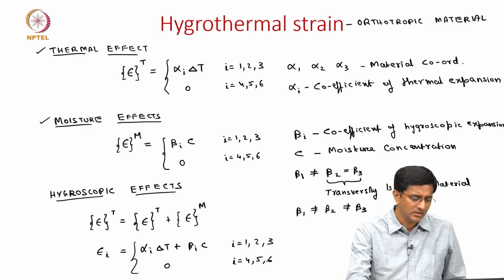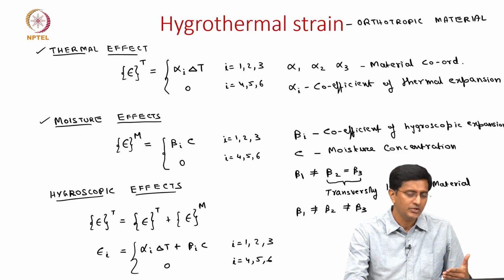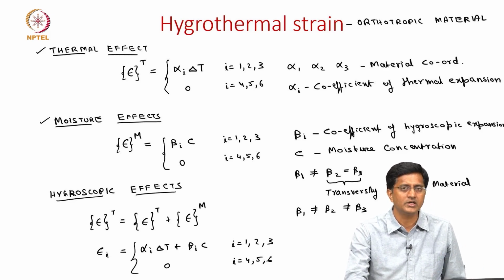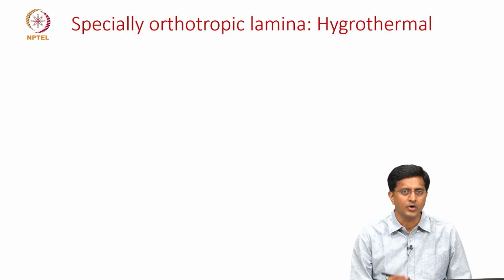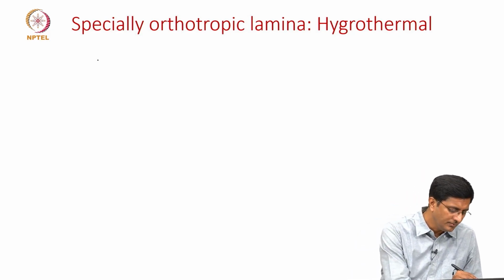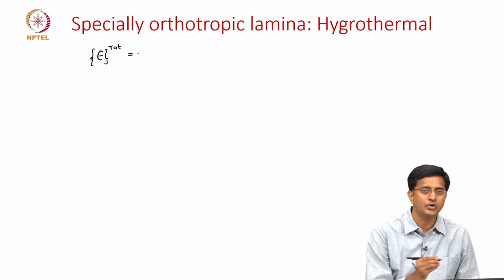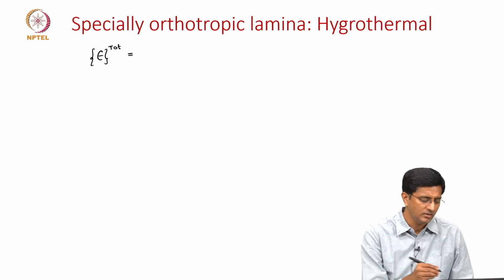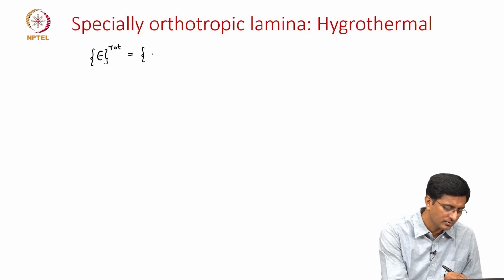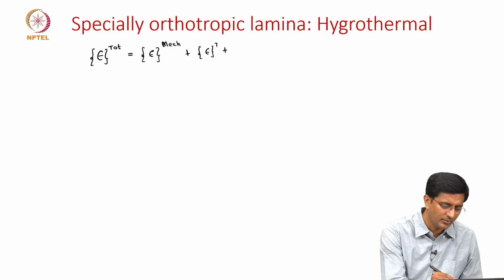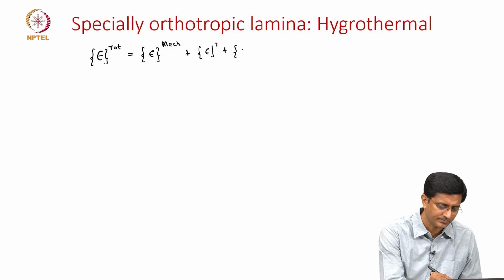Next we move on and see how we can use these strains to now define the stress strain relations. Now if you are looking at the total strain, we should also include the mechanical strain induced, plus the temperature effect strain and the strain coming from the moisture effects.